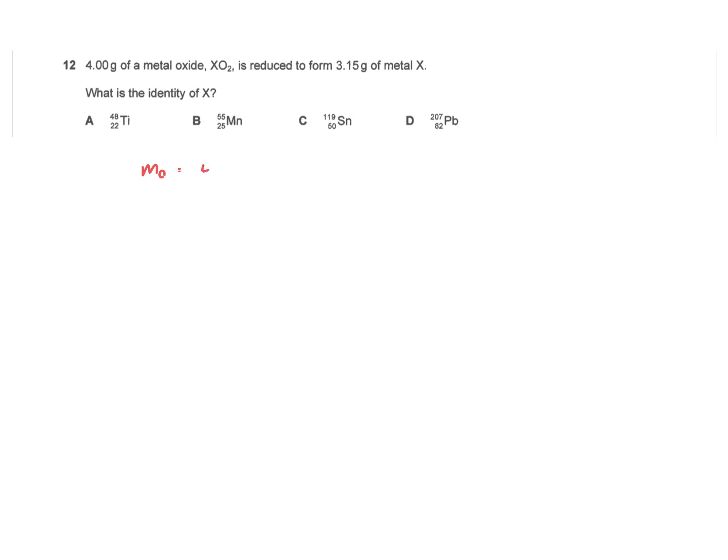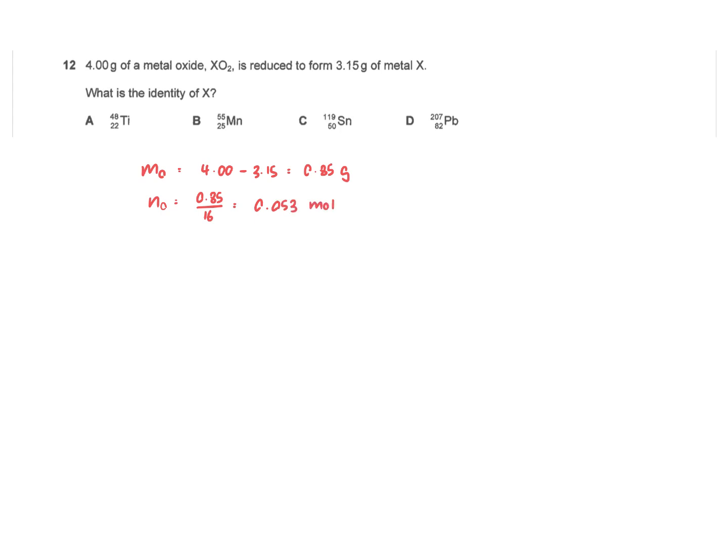How do we do that? Take 4 minus 3.15. That would give us 0.85 grams. From mass, we can find the number of moles of oxygen atoms by taking 0.85 divided by the molar mass of oxygen atoms. That would give us 0.053 moles.